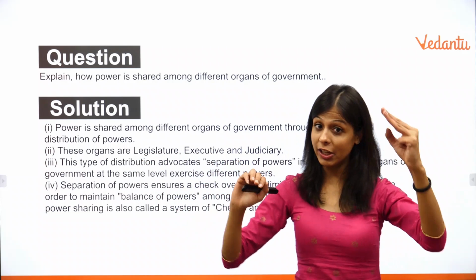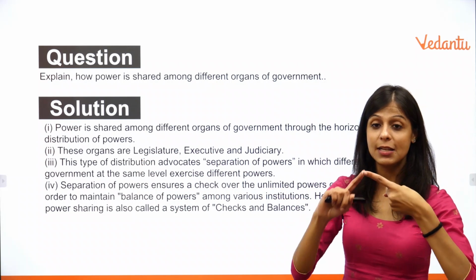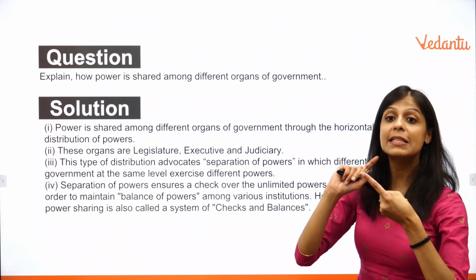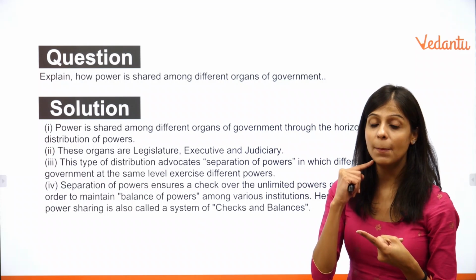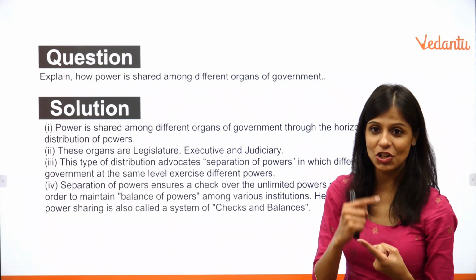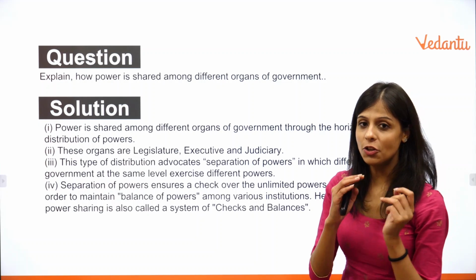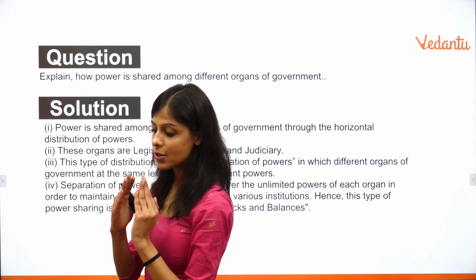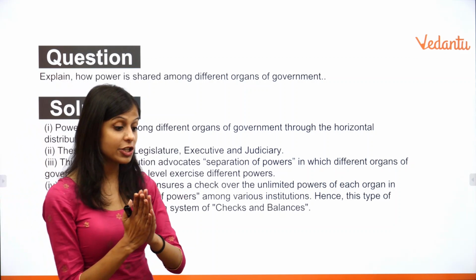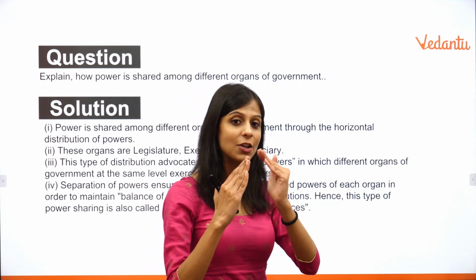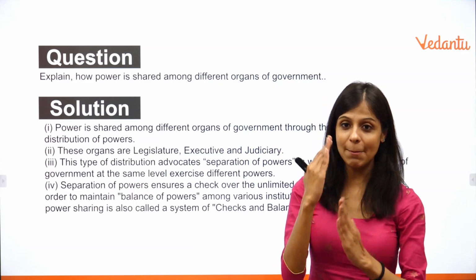So you have 3 keywords as of now. First is horizontal, second is 3 organs, and the third is the practice of separation of powers. The separation of powers ensures checks. For example, I just gave you the example of you and your brother sharing the same room.